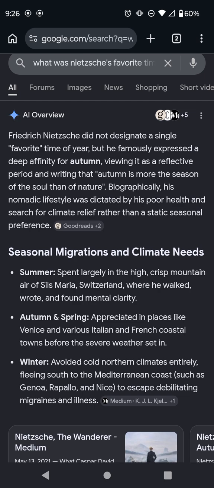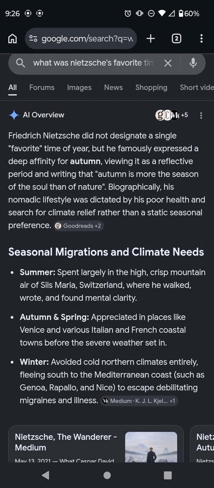And this overview states that he had an affinity for autumn because he wrote about it and he expressed that it was a time of year where thoughtfulness set in.